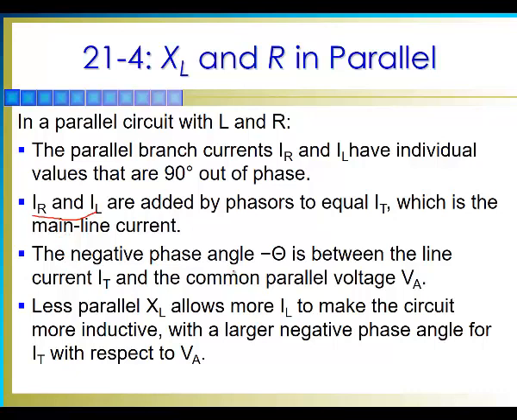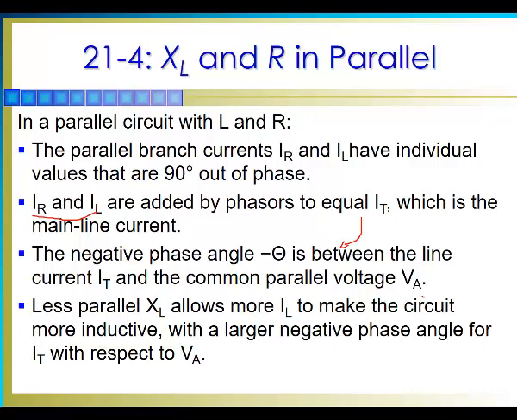So the negative phase angle, negative theta, is between the line current IT and the common parallel voltage VA. Because the current lags the voltage, the angle goes clockwise. It's a negative angle, just because the current lags the voltage.